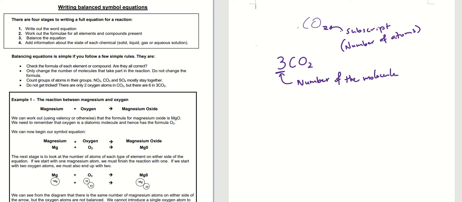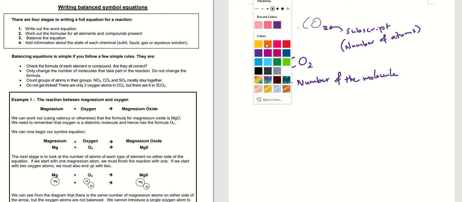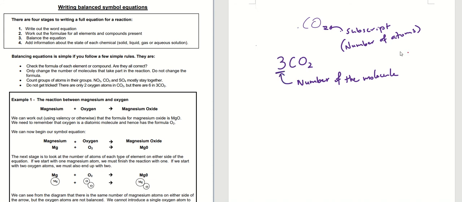In this case here we have 2 oxygens and 1 carbon. This 3 is multiplied on both sides. So we have 1 carbon, 1 times 3, so we have 3 carbons in total.